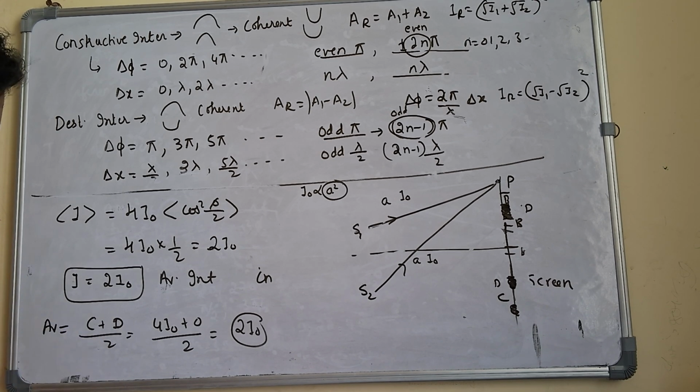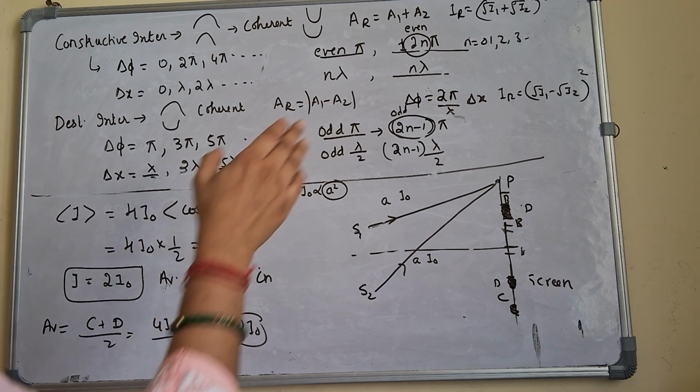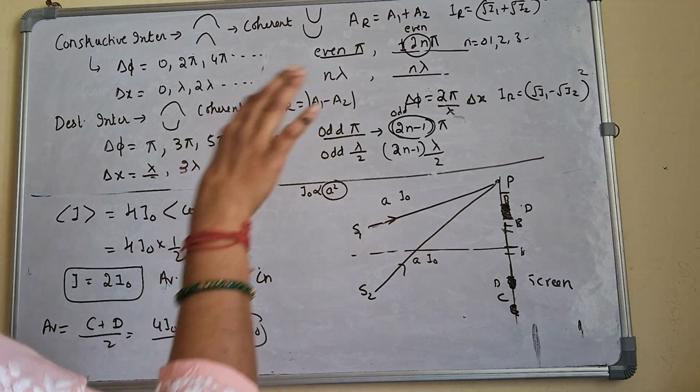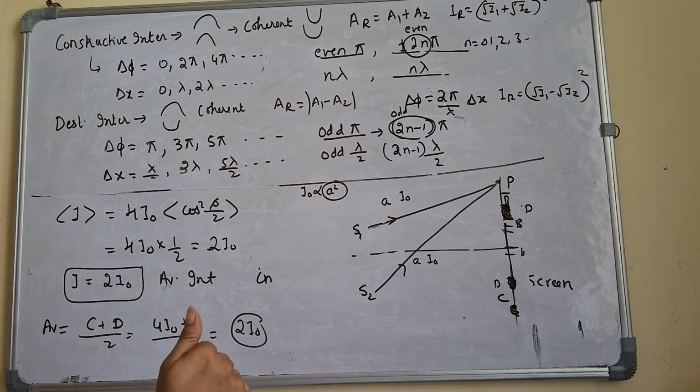Now, what should be the condition for a sustained interference pattern? The sources must be coherent first of all, if you want a consistent pattern of constructive and destructive interference. That means the sources should have the same frequency, same wavelength and constant phase difference.